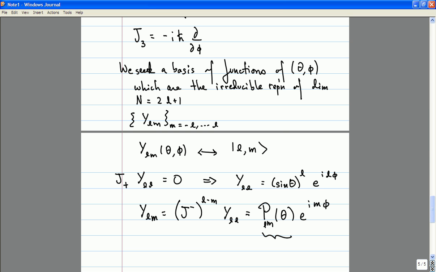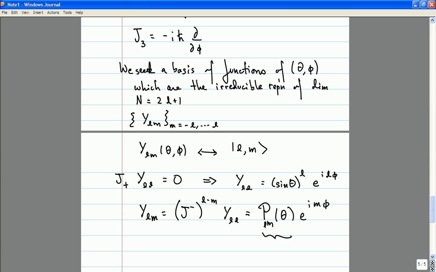And the indices L and M are nothing more or less than the indices J and M that I used when I described this Hilbert space formally when talking about the spin 0, spin 1, spin 2 particle, and so forth. So, for example, Y_00 is just a constant. That's the spin 0 part of the Hilbert space of functions in three-dimensional space. Y_1,1, Y_1,0, and Y_1,-1 are the spin 1 representation, and so on and so forth.